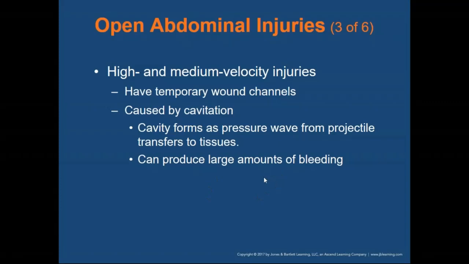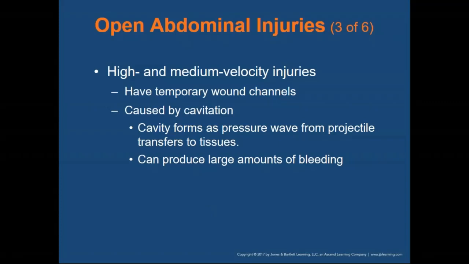Look for the exit wound. With high velocity, you could well see very extensive exit wounds, especially if that projectile was a hollow point bullet. Those flatten out when they hit. When it hits the skin, it starts to flatten as it goes through the abdominal muscle.